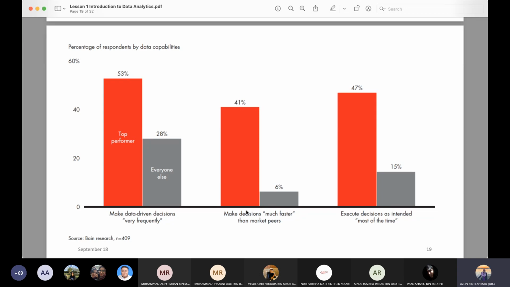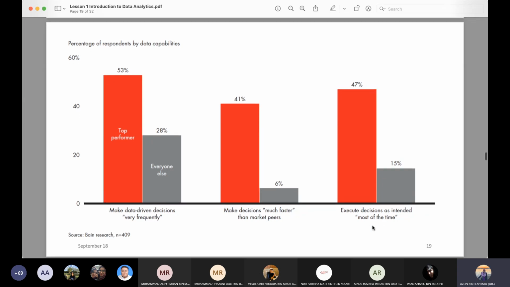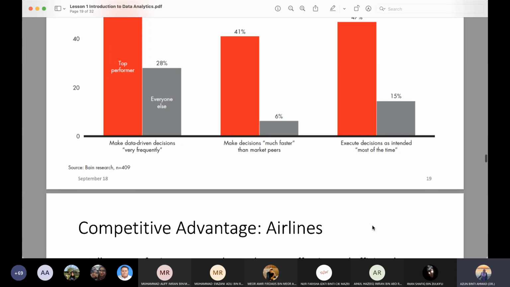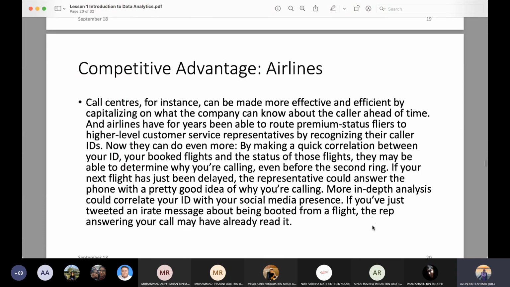Okay, 41% said that based on the data, it can help them to make a decision much faster, and 47% execute decision as intended most of the time. Okay, we can see how the data can help each organization improve dia punya daily activity and daily operation.